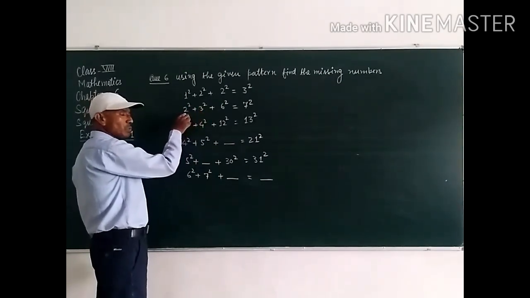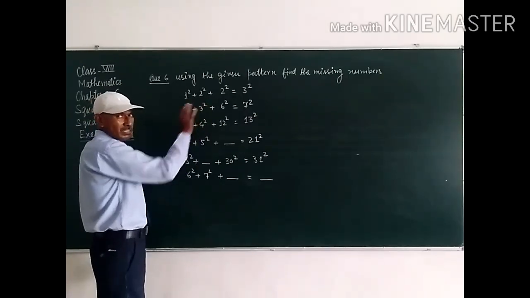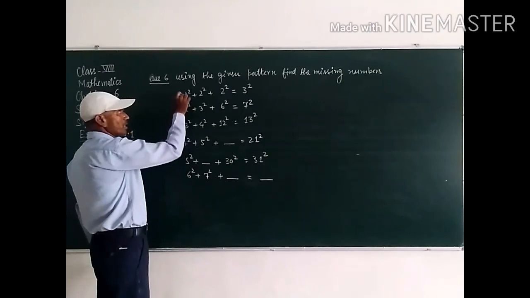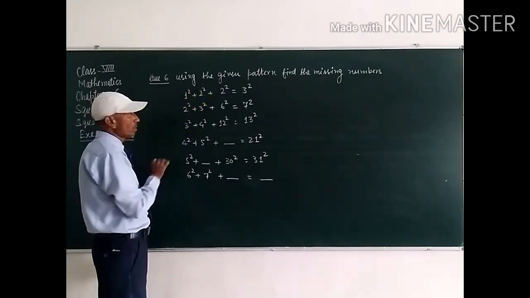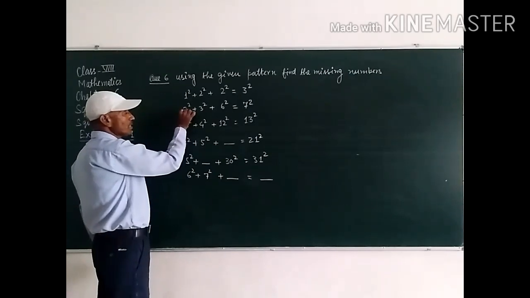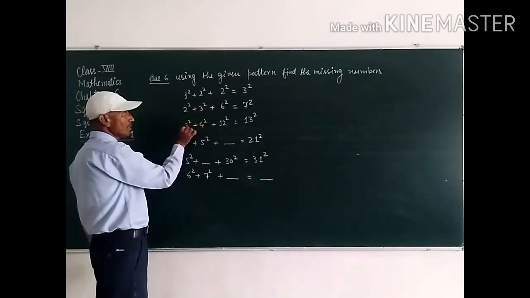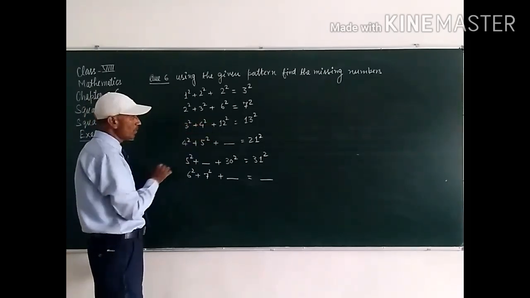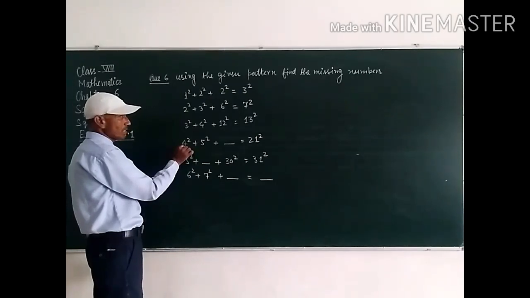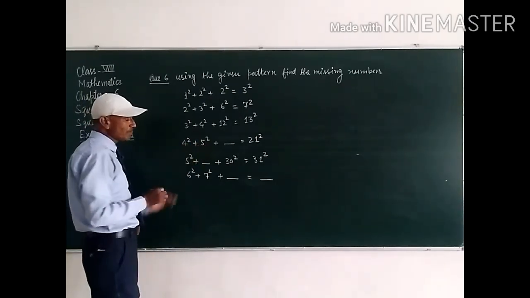So the first number is 2 and the next number is 1 more than this. Clear student? In this first number is 1, second number is 2. In this first number is 2, second number is 3. In this first number is 3 and second number is 4. Clear student? And in this first number is 4 and second number is the consecutive number, that is 5.